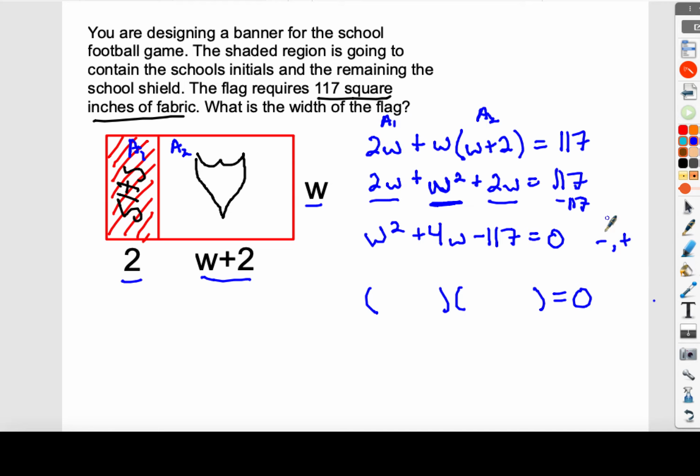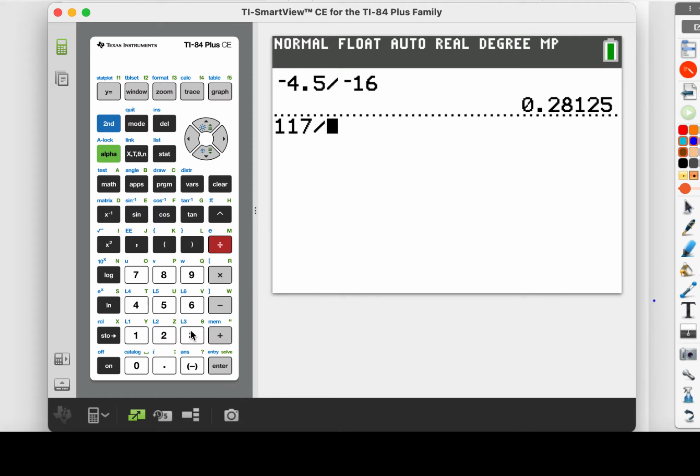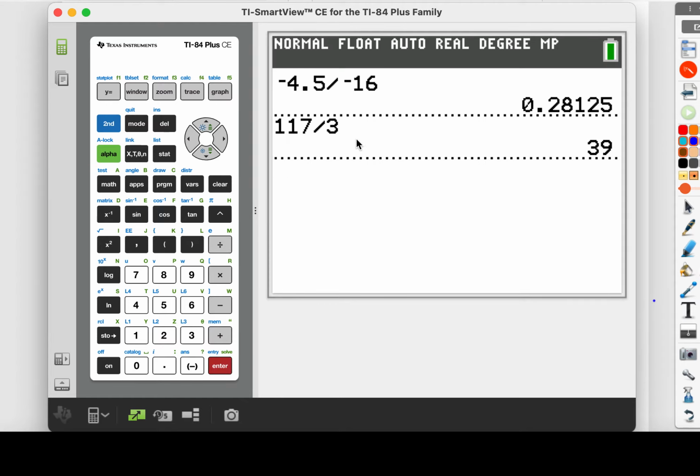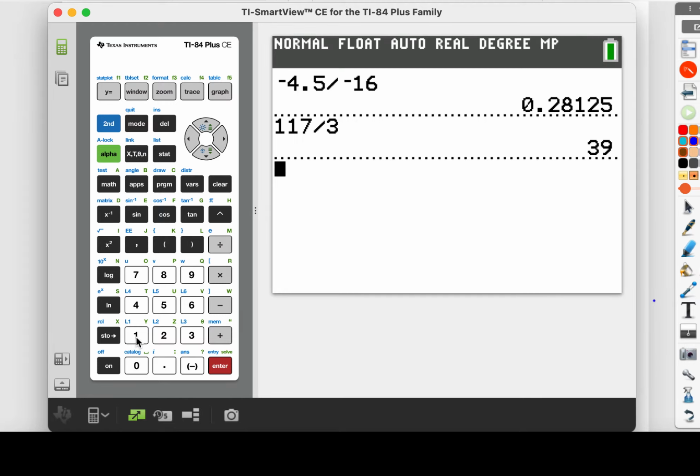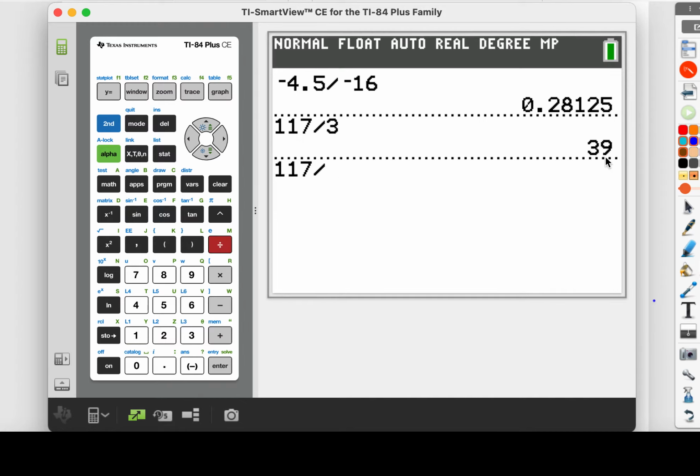I'm going to add two numbers, the larger of which needs to stay positive, so that when I add that negative number to it, I have a difference of 4. Well, let's start by dividing 117 by 3. If we had a 3 and a 39, and one of those was negative, our difference would be 36. We're going to need something larger than 3 but less than 39. Our two numbers need to be closer together than 3 and 39.